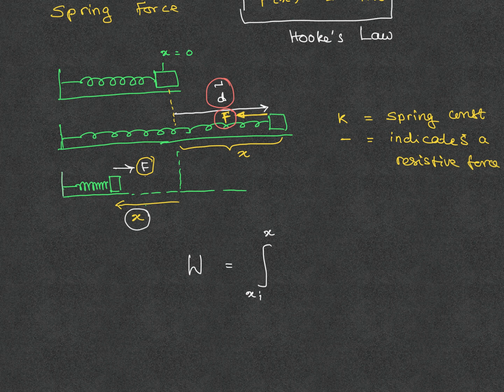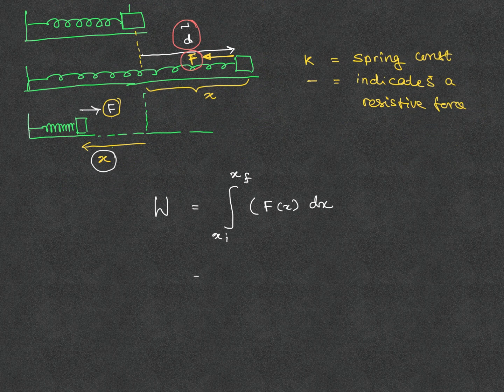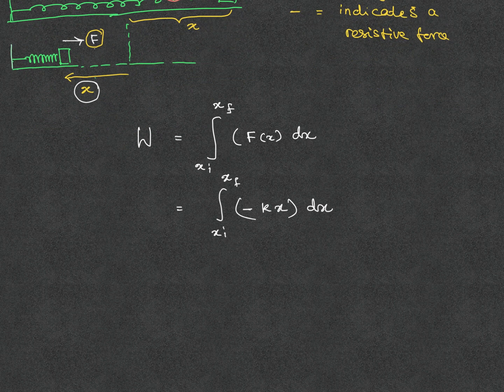Now work is given by the integral from x initial to x final of Fx dx. As I said, it can be y or t or whatever you want, but in this case it is x. So the limits are x initial to x final. Fx is minus kx, and dx is what we are integrating over.